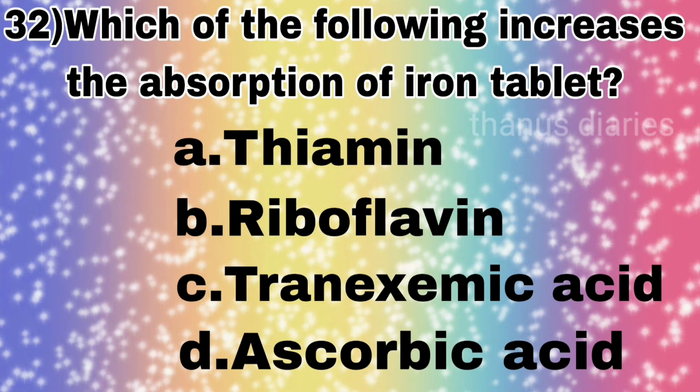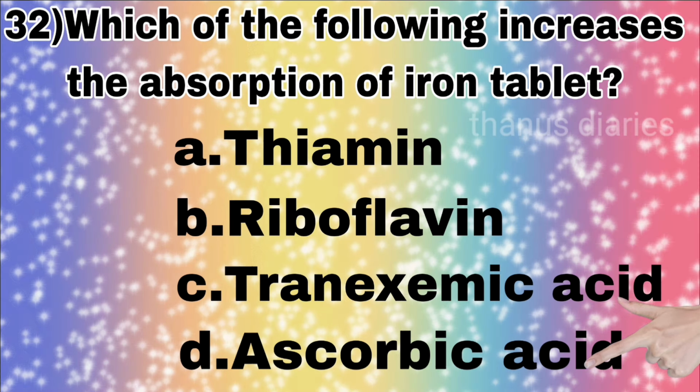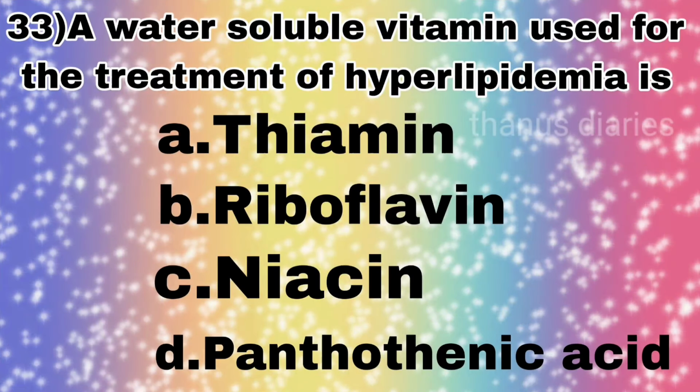Next question. Which of the following increases the absorption of iron tablet? Thiamine, riboflavin, tranexamic acid, ascorbic acid. And the answer is ascorbic acid. Next question. A water-soluble vitamin used for the treatment of hyperlipidemia is thiamine, riboflavin, niacin, pantothenic acid.